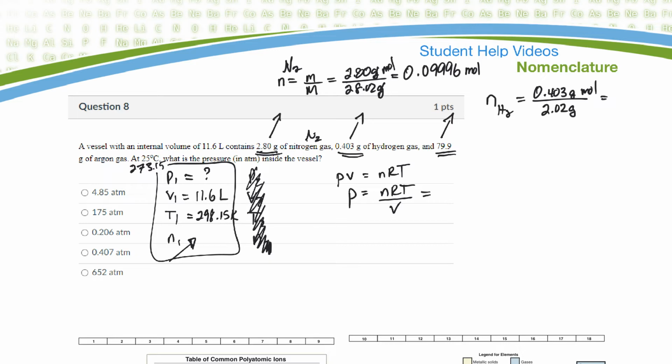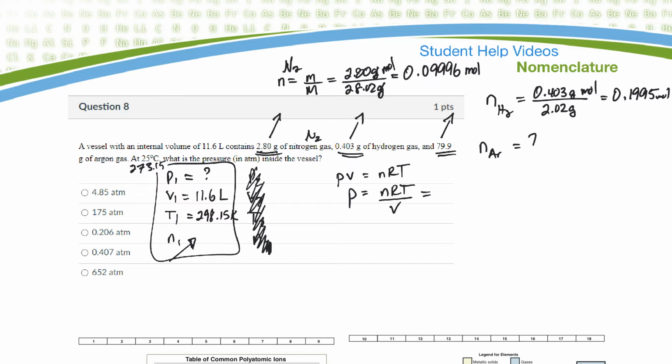So 0.403 divided by 2.02 is 0.1995, etc. moles.